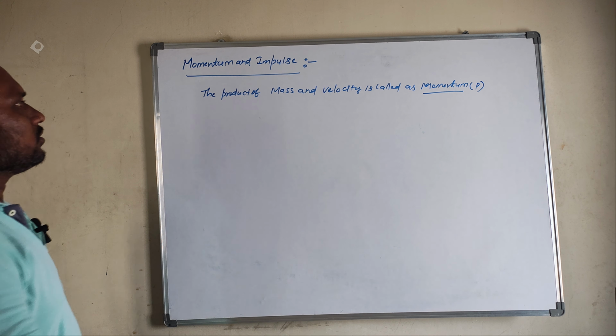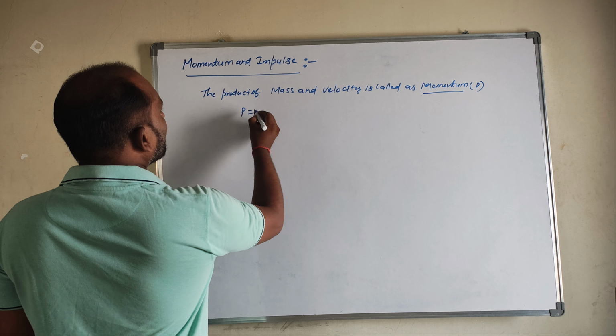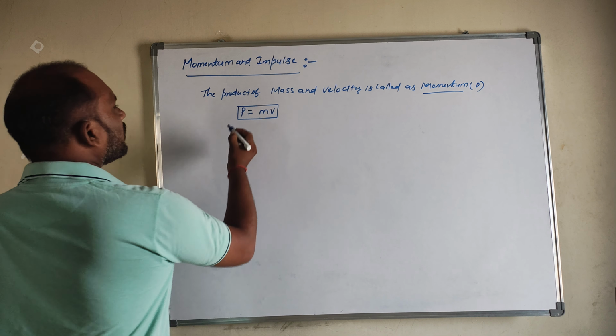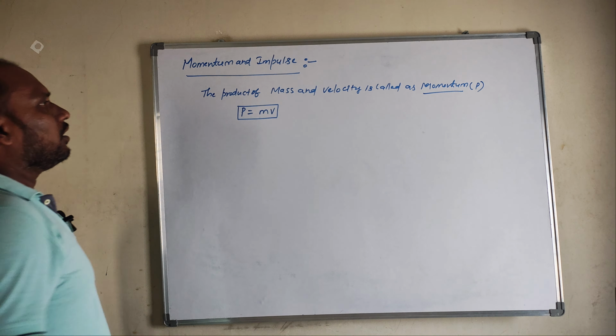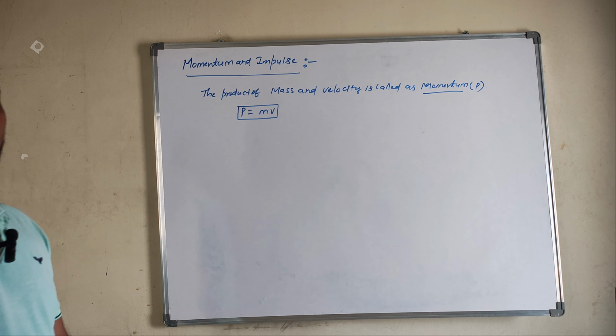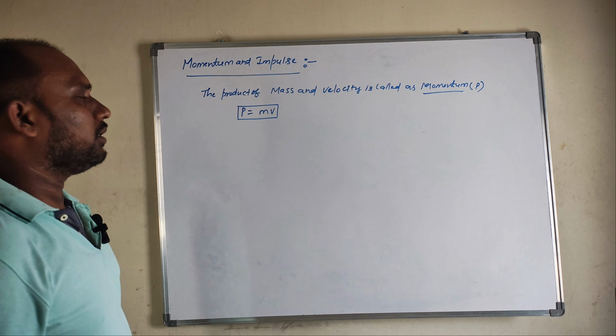So P is equal to m into v. That is the formula for it. Momentum, the product of mass and velocity, is called momentum. Let's take two examples so we understand what exactly the meaning of momentum is.